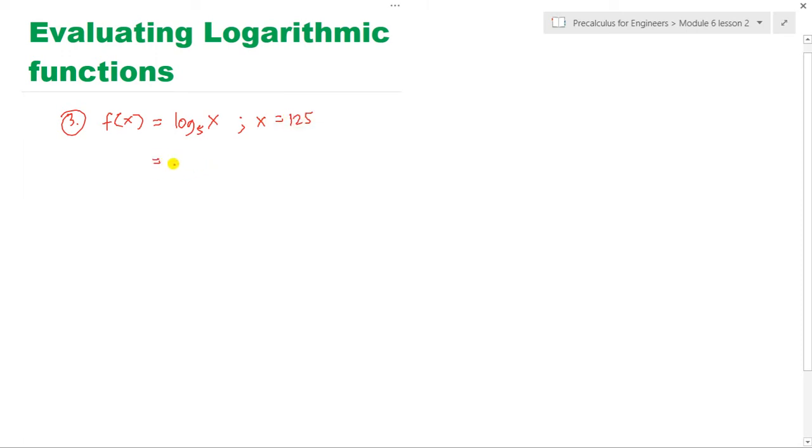Again, using the calculator, just plug in log of 125 to the base 5. That is equal to 3. So again, the answer is the exponent of our number x. So y is equal to 3.